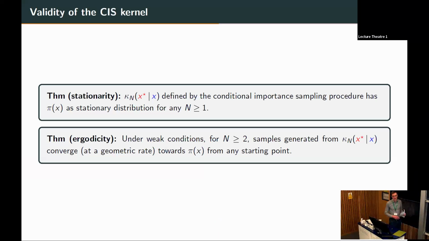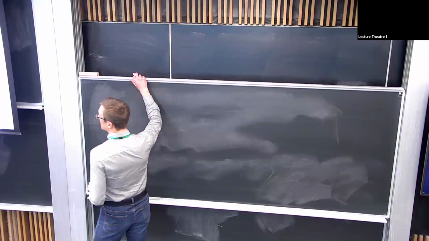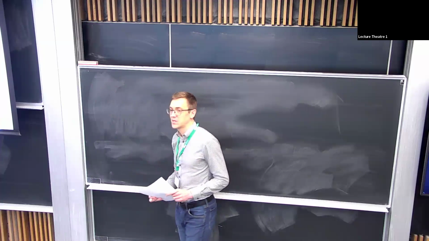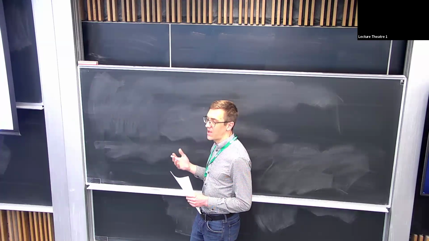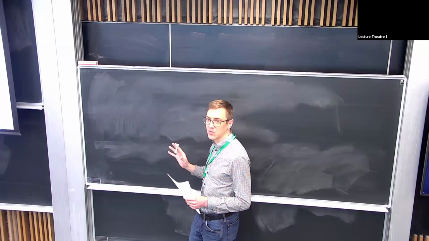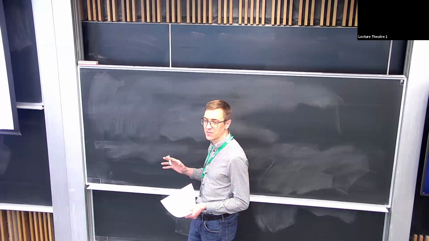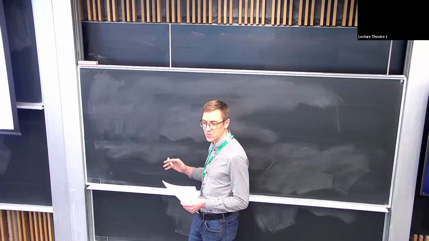Back to the blackboard for proving the first of these theorems. We'll focus on stationarity, and then maybe I'll comment a bit on the ergodicity. In order to prove this statement that this kernel has pi as a stationary distribution, we will first analyze a slightly different procedure, but it's equivalent in terms of the inputs and outputs, you could imagine.